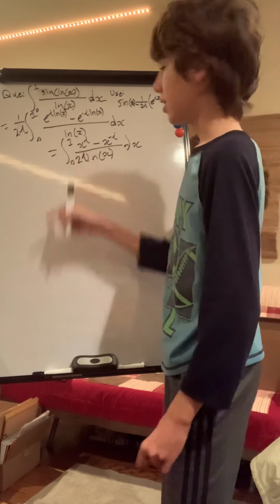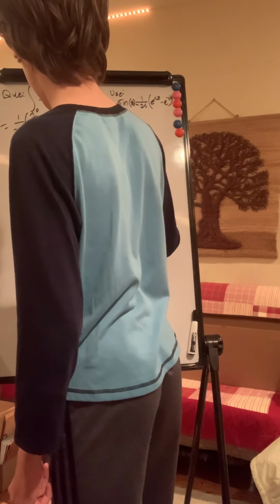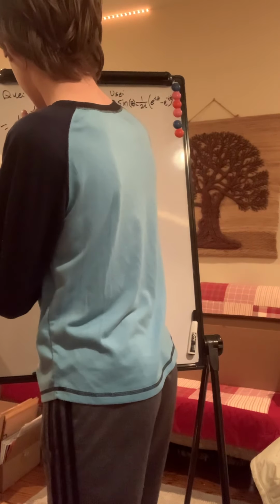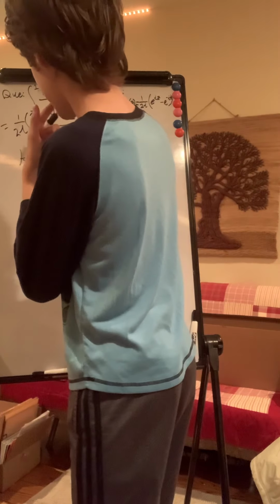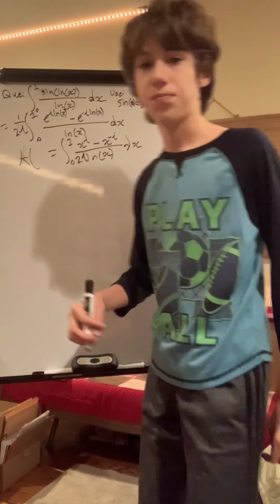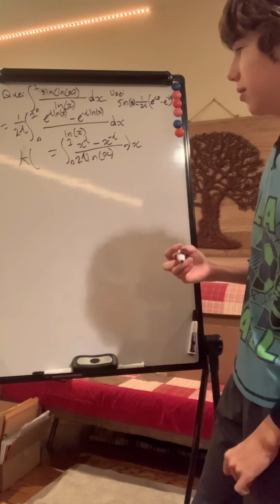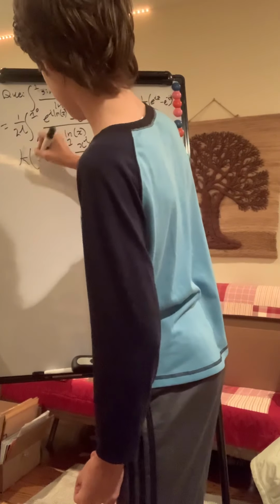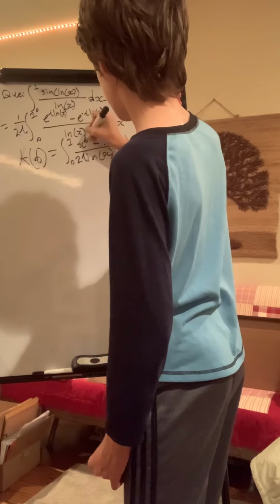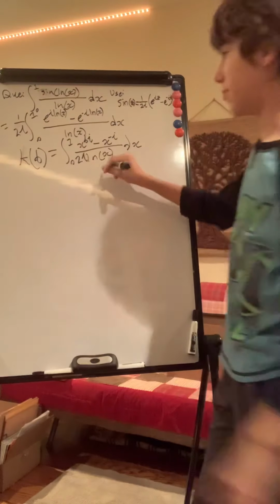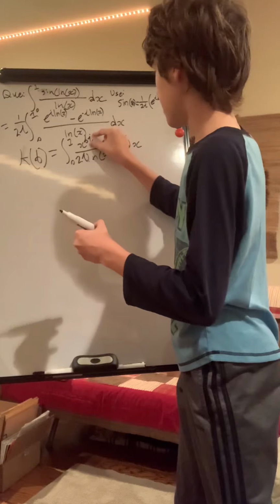So let's let this integral be some k of b. It's convention that we have this little b here, and we have to parameterize this, so we'll let our b be here. So we're parameterizing this integral, and we have our b and our i here.